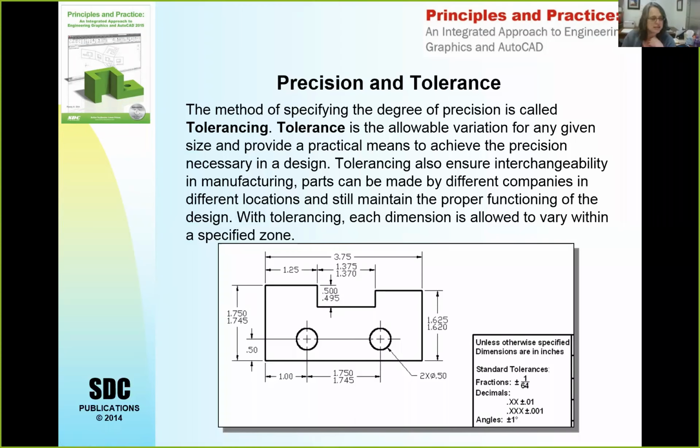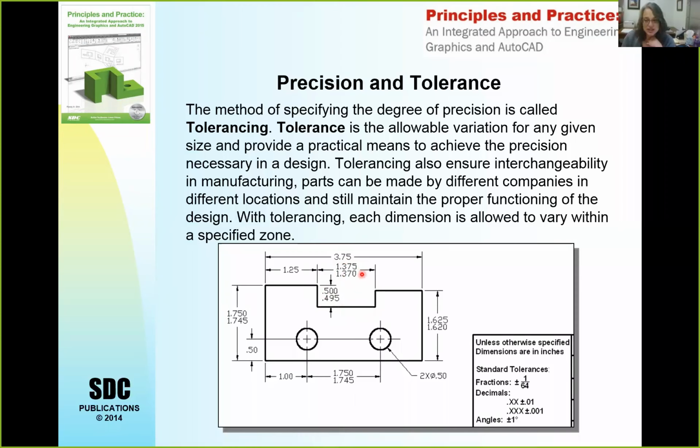If we look at this guy right here, this gives us the tolerance for this notch opening. What this tells us is that this notch opening needs to be no more than 1.375 inches and no less than 1.370 inches.